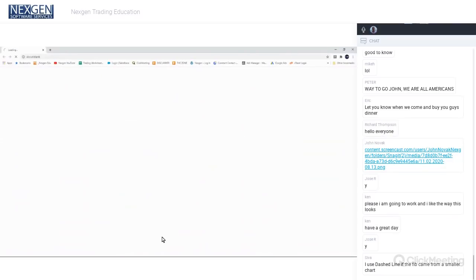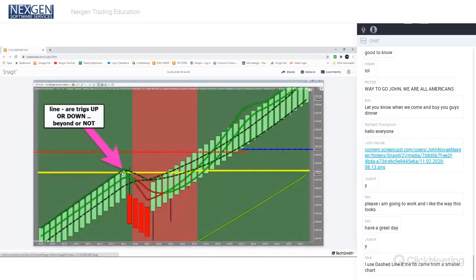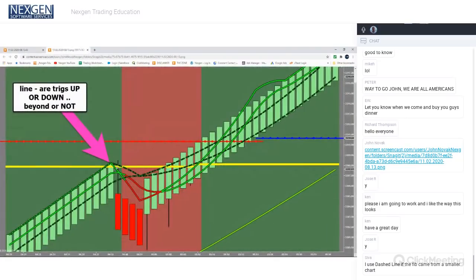When you take that chart and take each of the lines as an individual line and nothing more, nothing less, you're going to read your trigger lines and determine what the direction is and what the location is relative to each line, which is the only thing that we do anyway. This is what we've taught you.